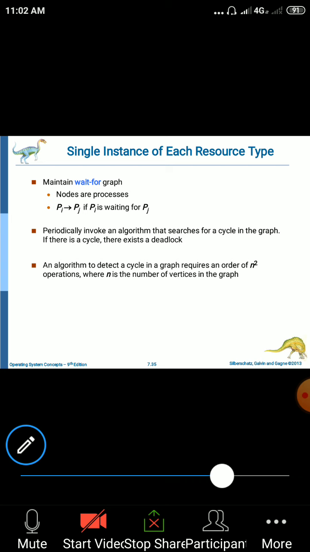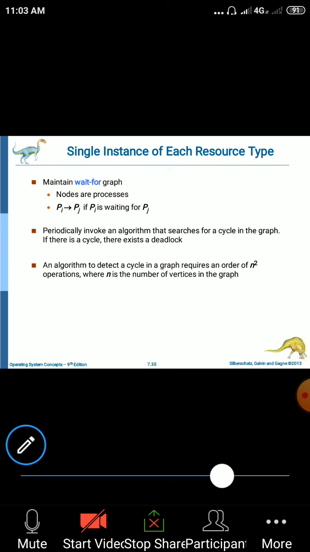We use the resource allocation graph if we have only a single instance of each resource type, and if we have multiple instances of resource types, then we use the Banker's algorithm to detect deadlocks, right?